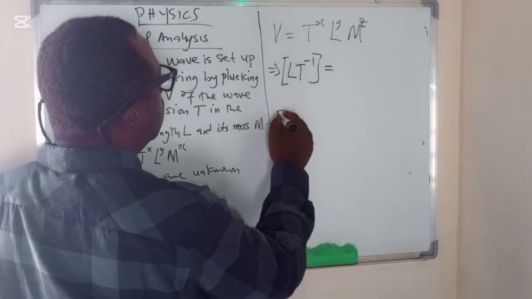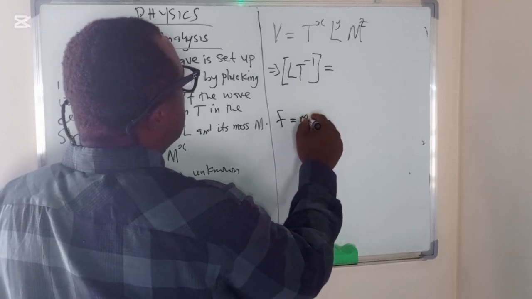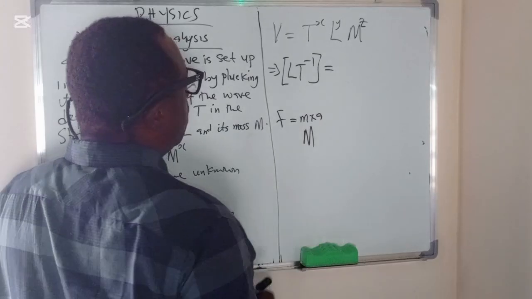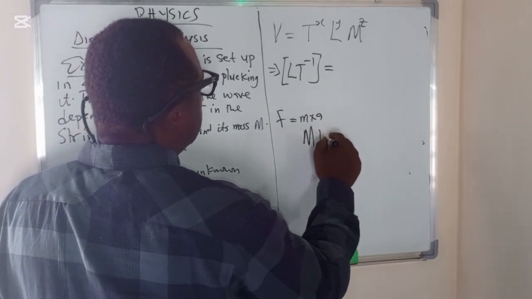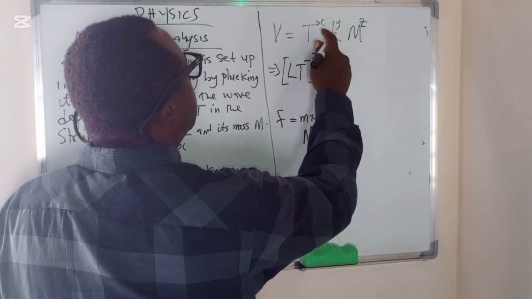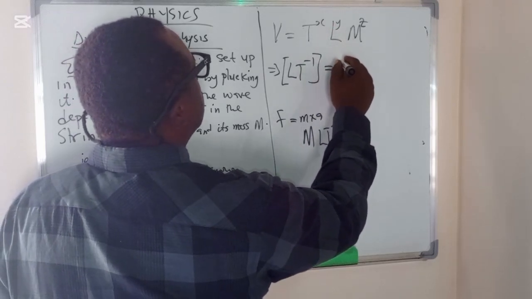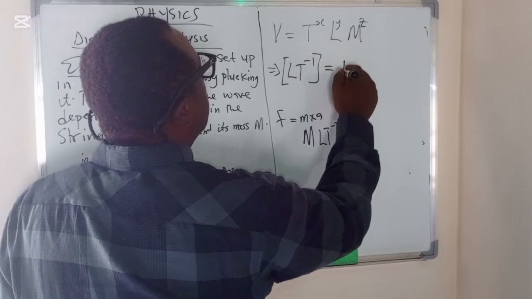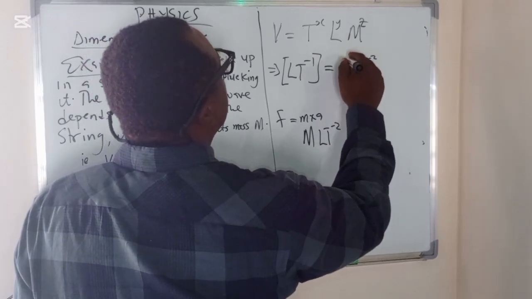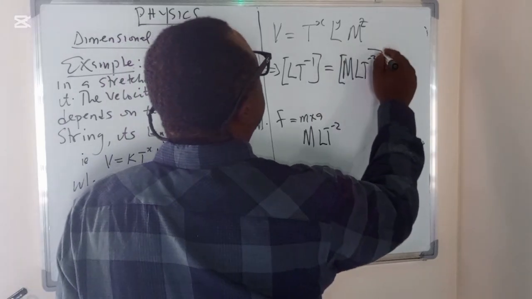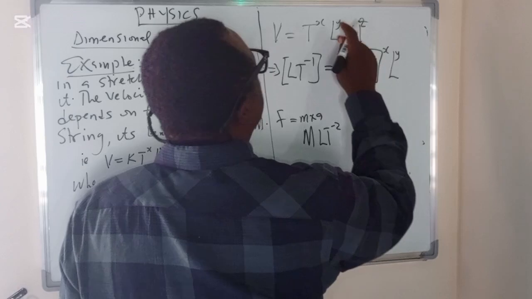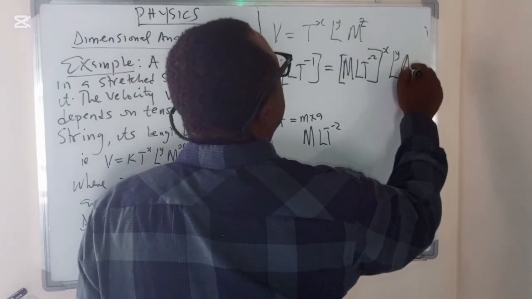Remember, we said that force is mass times acceleration. The dimension of mass is M. Acceleration is L T raised to power minus 2. So the dimension of tension, which is force, is M L T raised to power minus 2, all raised to power x. And L is y, dimension is L, m is z.